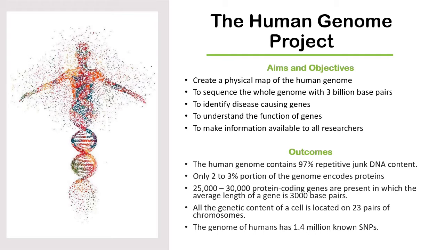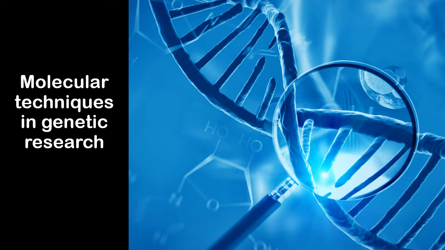But conclusively, the Human Genome Project was one of the most challenging tasks, though an important part of world history, because we had sequenced the whole genome, every single nucleotide of the genome. But how exactly did they manage to achieve such a feat? This brings us to our next topic.